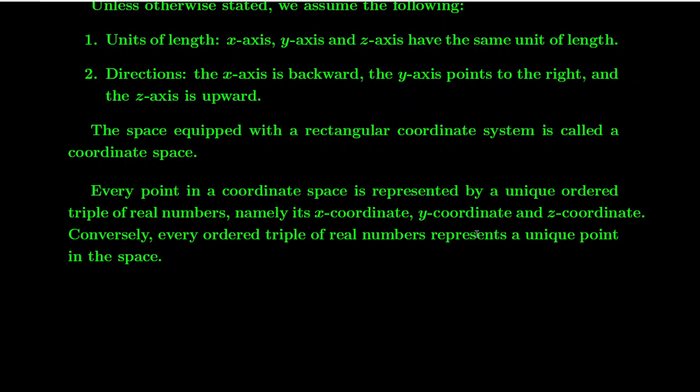Basically, if I give you a point, it's okay as long as you know how to get the coordinates of the point. The other way around, if I give you 3 numbers, let's say 1, 2, 3, you can just imagine the point in the space.